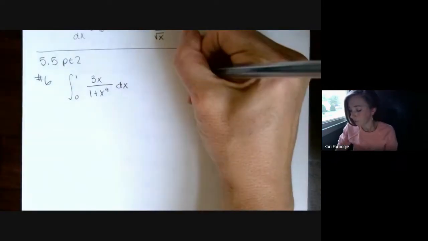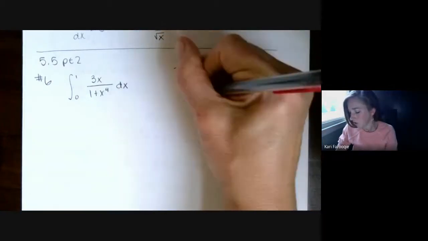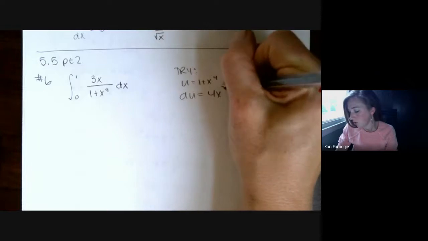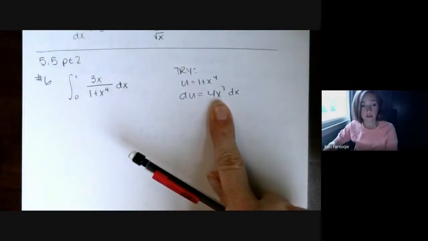Okay, so this is one of those problems where you have 2 options and you have 2 different ways that you might approach it. One of the ways is just to let your denominator be u. However, if you did that, you would let u be equal to 1 plus x to the 4th, and du would be 4x cubed dx. Well, you don't have the x cubed, so that's not going to work for you in this case.